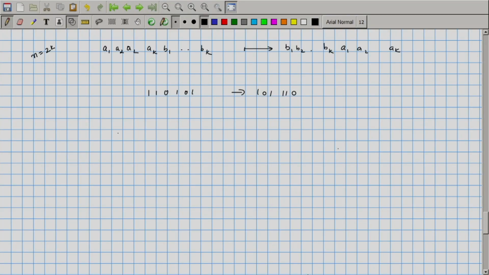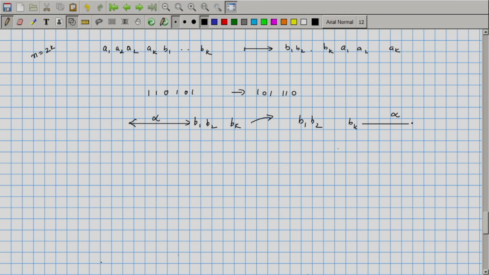Suppose you look at any particular source of the form alpha followed by B1, B2, BK. The final destination of any such node is B1, B2, BK followed by alpha.